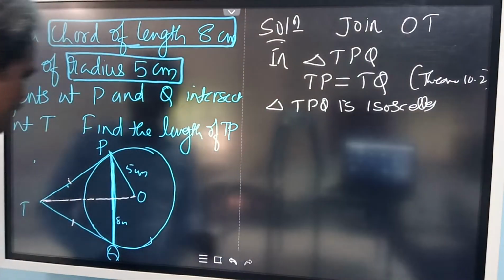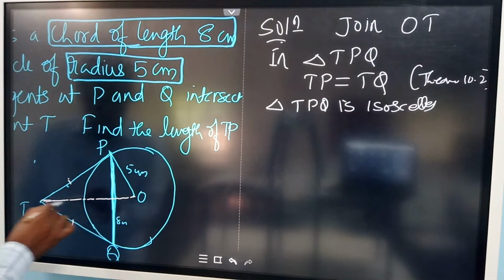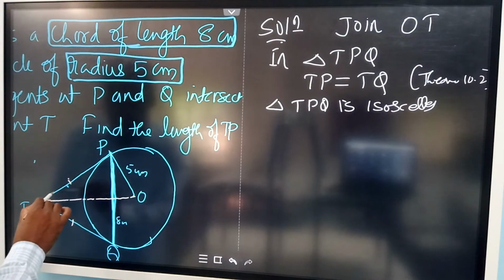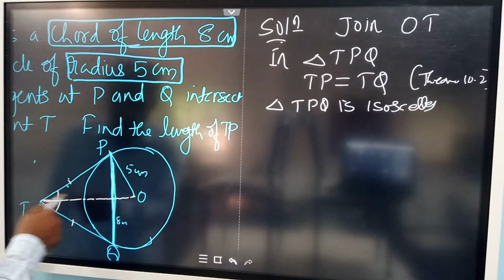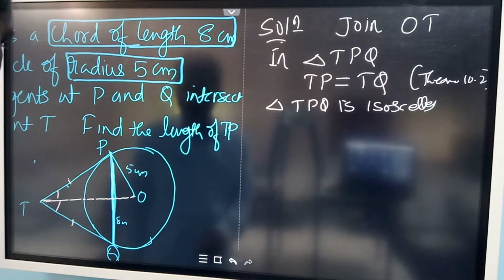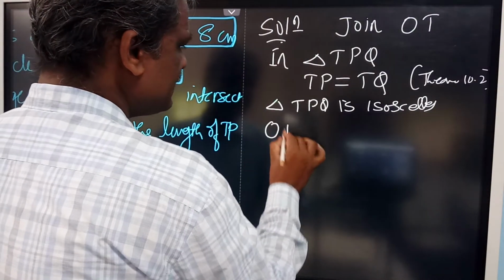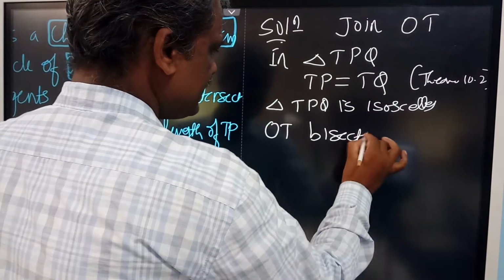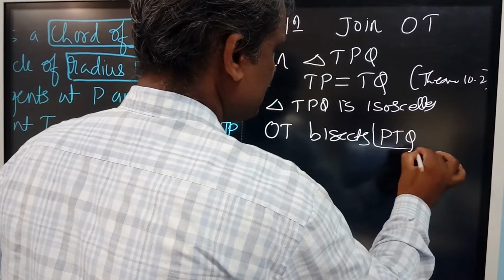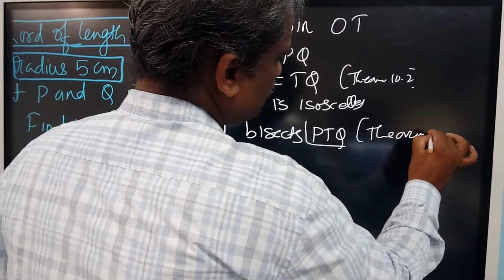And another thing, you have studied in the theorem that the line joining the center and the external point will bisect this angle, because we proved that the two triangles are congruent in the previous theorem. So OT also bisects angle PTQ, by theorem 10.2.